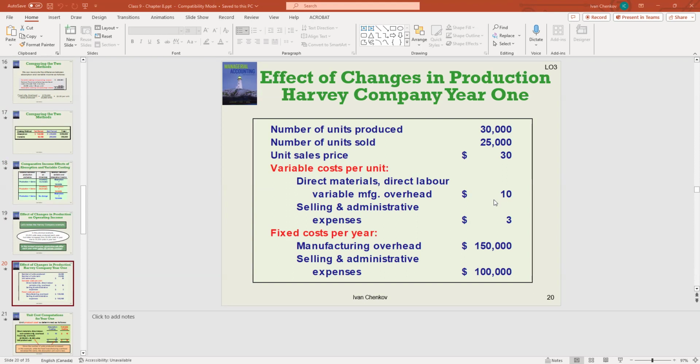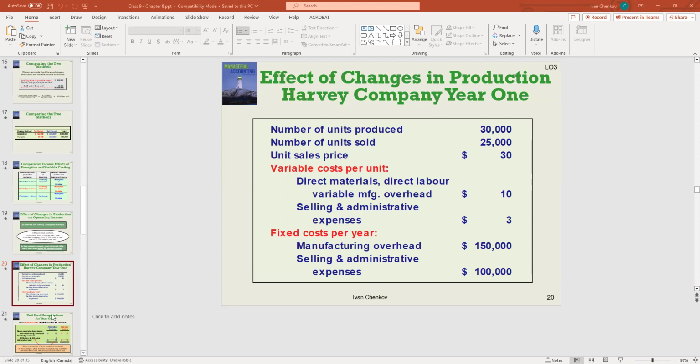It's 150,000? 50,000. How many units do we produce? We produce 30,000. So how much is the fixed overhead per one unit? $5. Thank you. So you know how to start, you finish it.